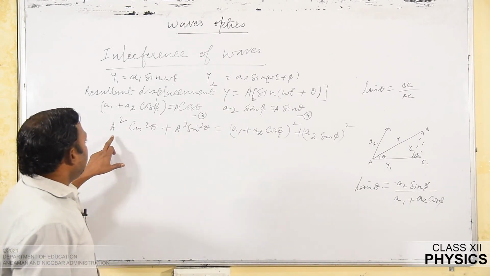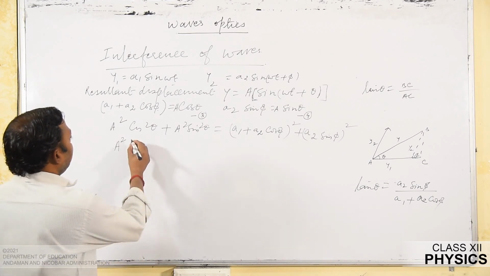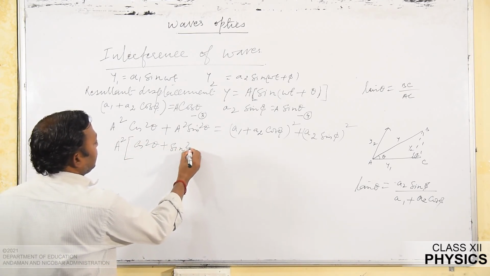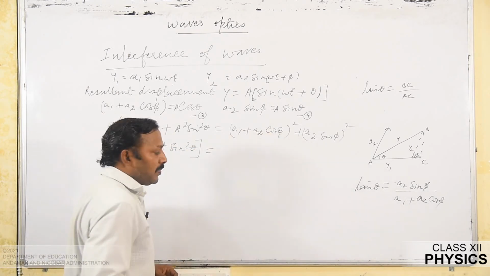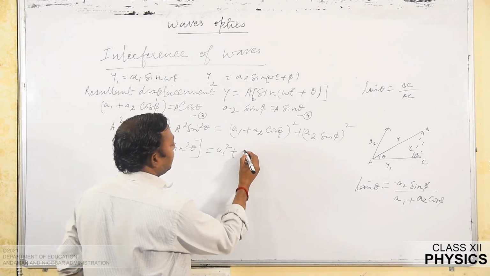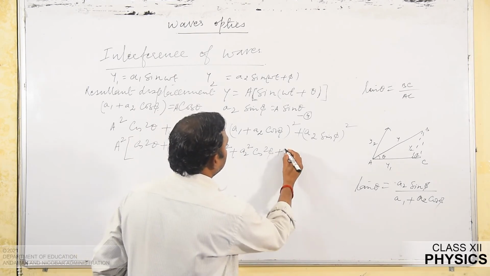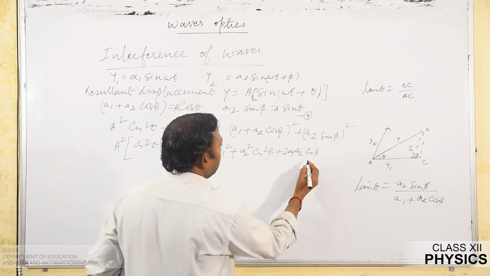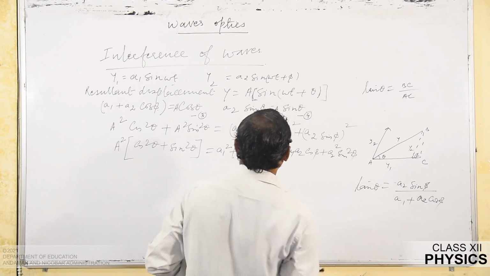Now from this one you can take a square as a common factor. So taking a square as common factor, we have cos square theta plus sin square theta. On the other side, expand this using the (a plus b) whole square formula, you get a1 square plus a2 square cos square phi plus 2 a1 a2 cos phi plus a2 square sin square phi.